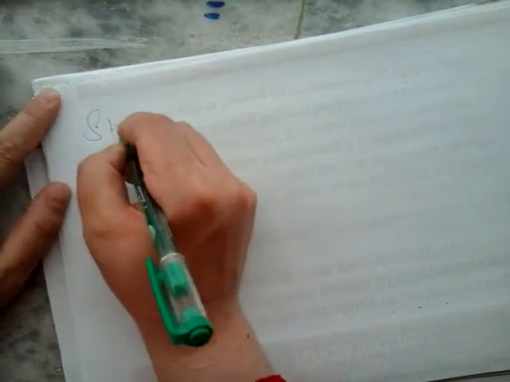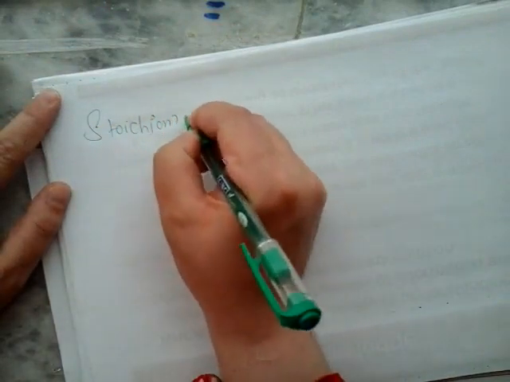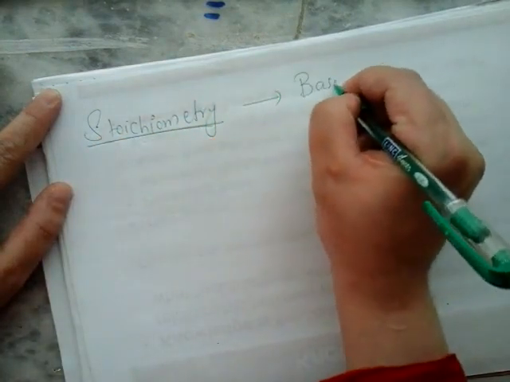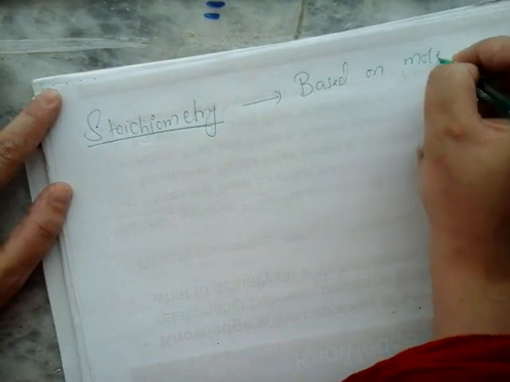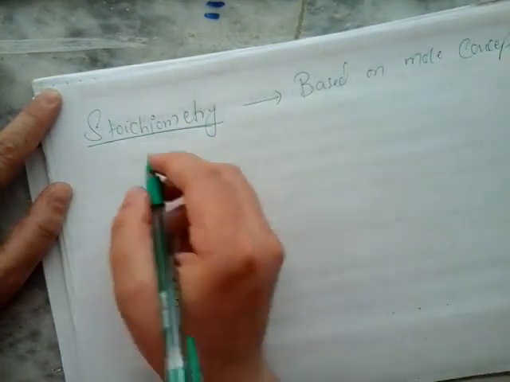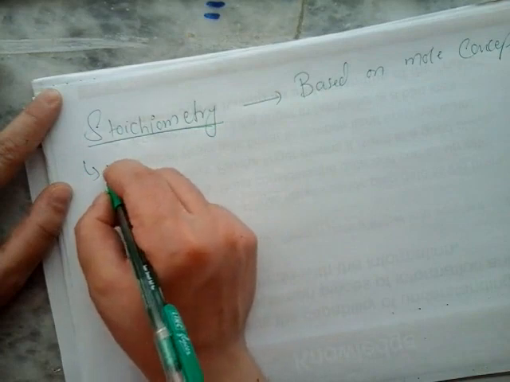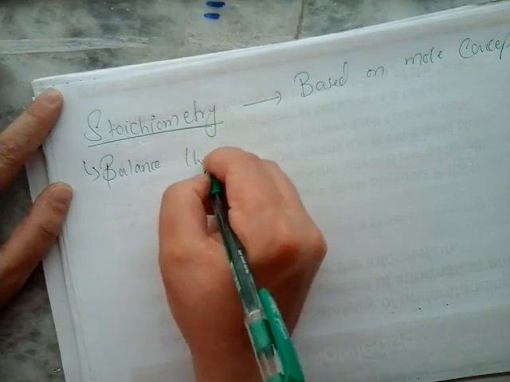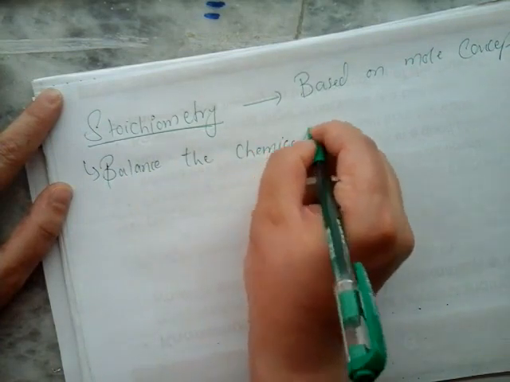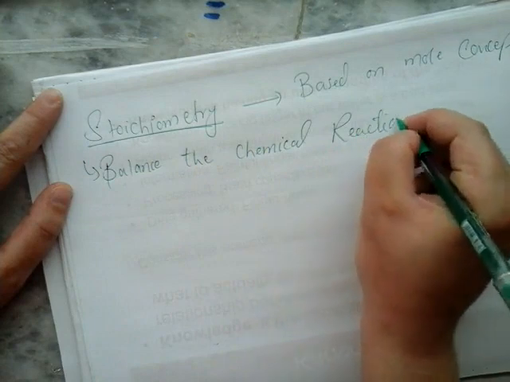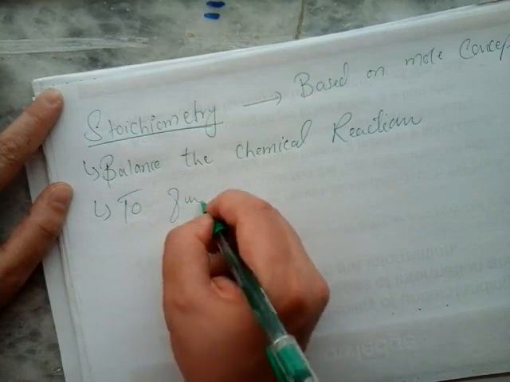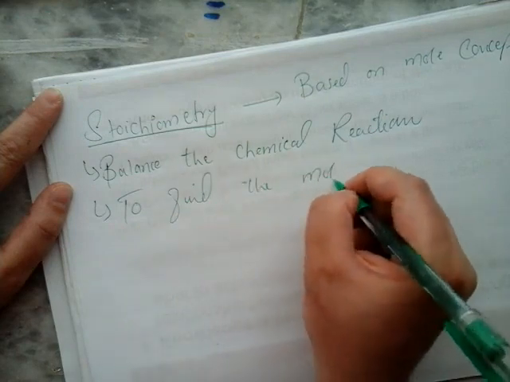Okay, so again I will repeat that stoichiometry is based on the mole concept. Okay, it is basically used to balance the chemical reaction, and also used to find the molecular formula.